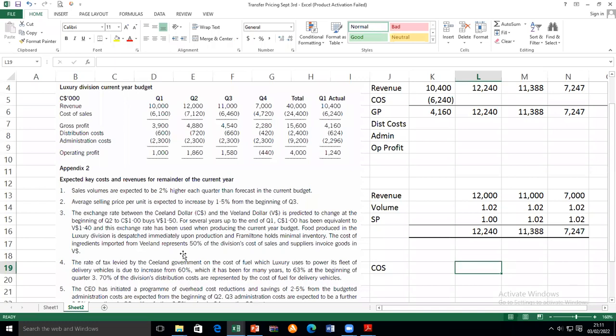The figure before, I'll copy in the figure, what the figure was: 7120, 6460. So that's the first one.